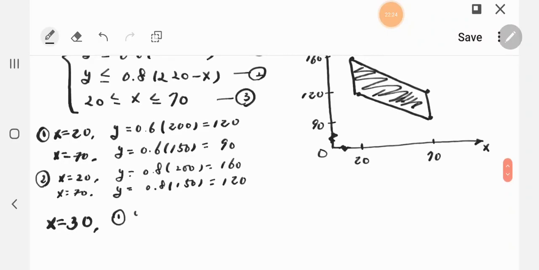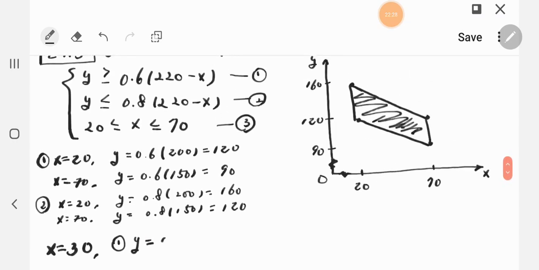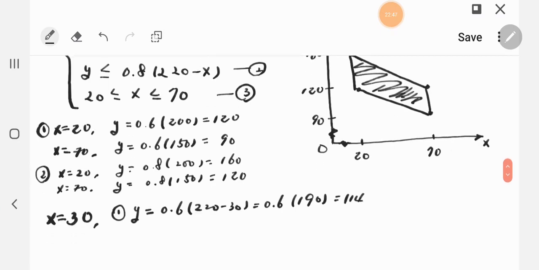The y value is 0.6 times (220 minus 30), then 0.6 times 190, which is equal to 114. So the heart rate should be 114.